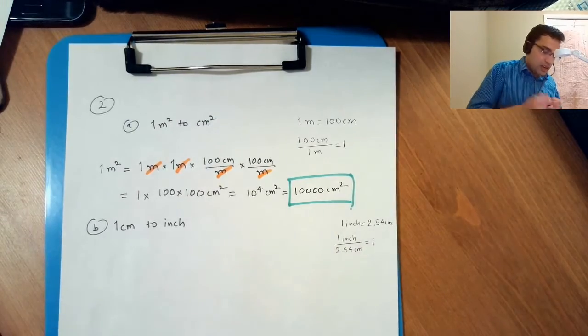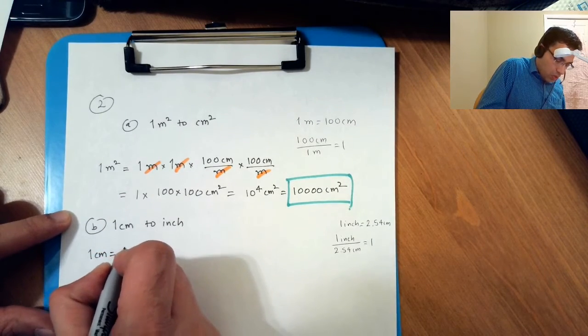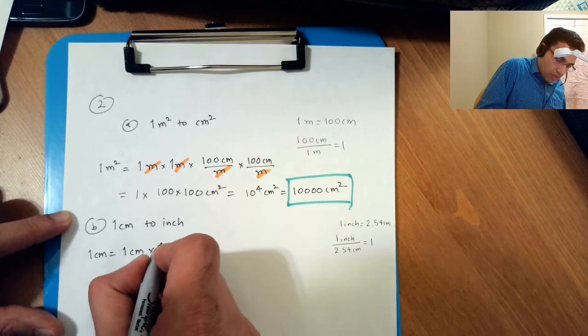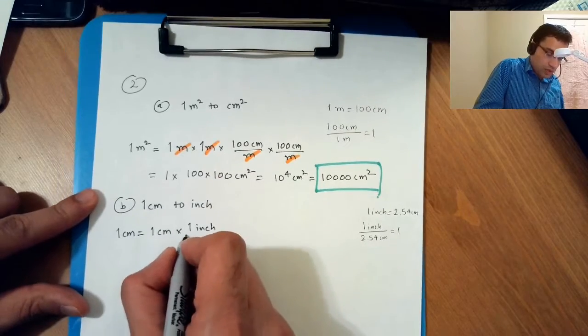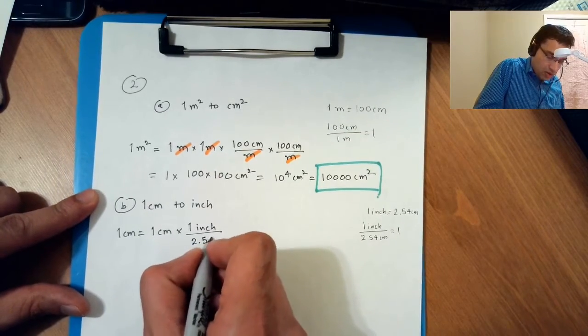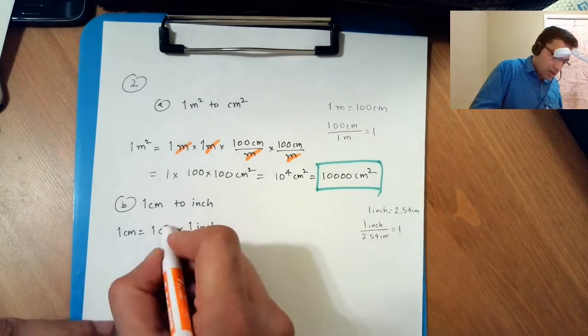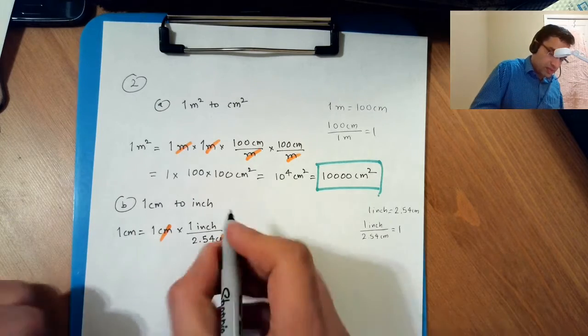So let's use that here. 1 centimeter equals 1 centimeter times this factor, which is 1 inch divided by 2.54 centimeter, right? So again, I got rid of this centimeter, and what's left is inch.